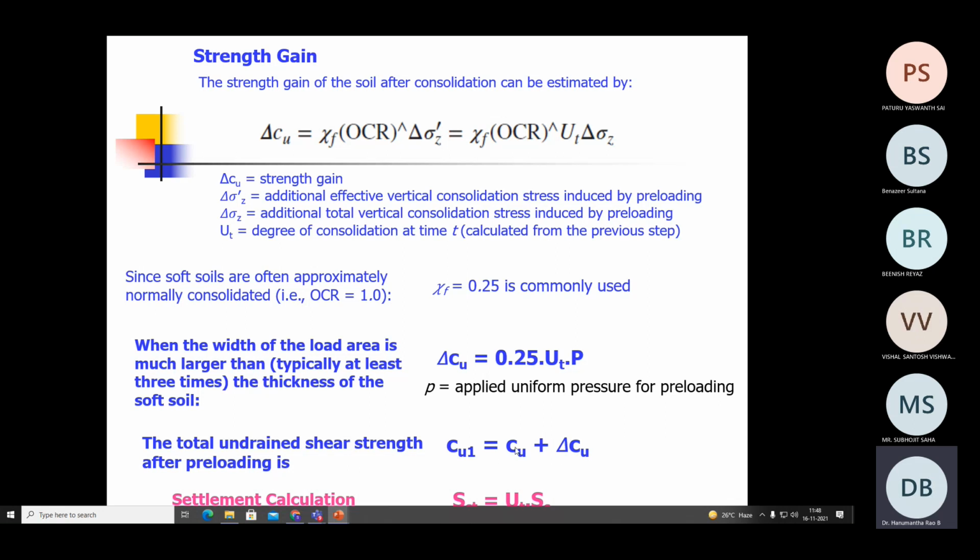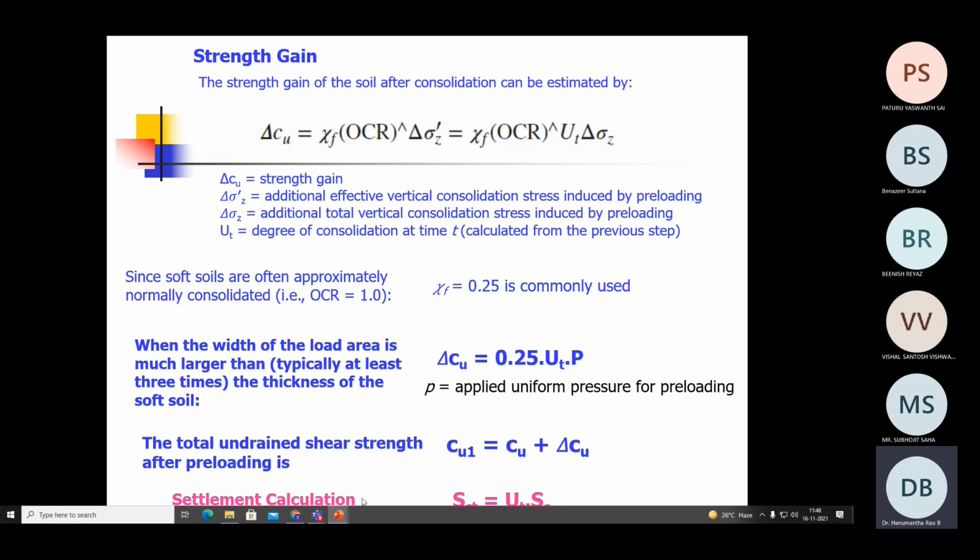So the net undrained shear strength Cu1 is equal to the initial undrained shear strength plus the increased or gained undrained shear strength as a result of the applied uniform pressure. So this is how the strength gain will be calculated, and settlement also will be calculated.